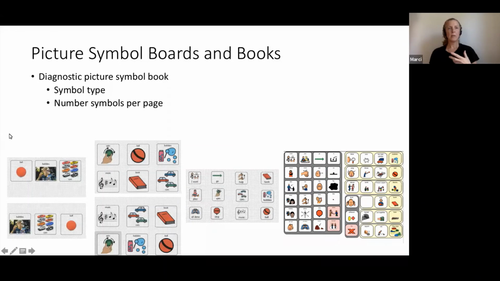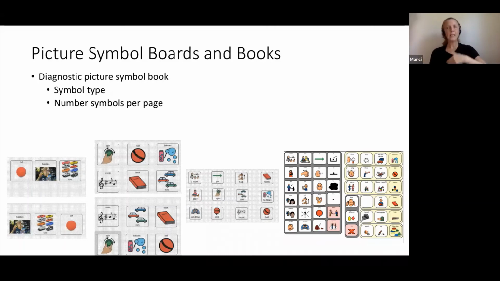In the AAC toolkit, we have a diagnostic picture symbol book that varies by symbol type and number of symbols. The book starts with one end of photographs in a field of 3, 4, 6, 12, 24, and 48. And the other side of the book flips, and then there's just the line drawings, the Boardmaker symbols, again in 3, 4, 6, to 12 to 24 to 48.